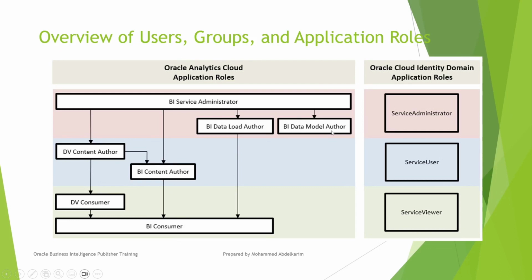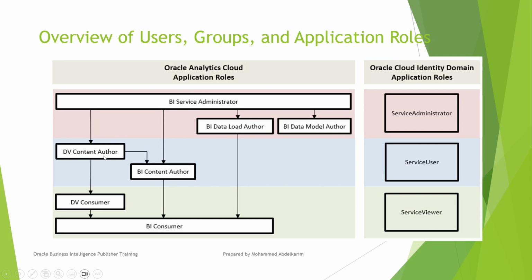This means that users with the BI Service Administrator application role can automatically do everything that these individual application roles allow. For example, if you add a new administrative user, you don't need to give the new user every application role. Instead, you simply give him the BI Service Administrator application role, and this grants him all the available permissions.